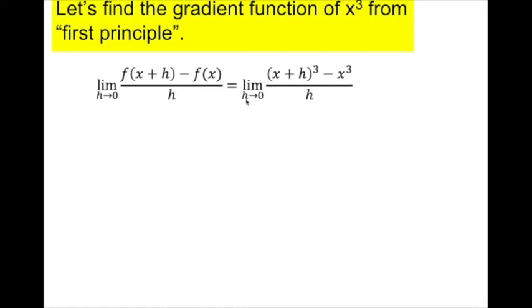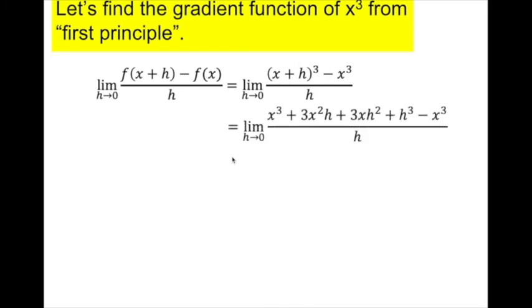And again, since h approaches 0, we need to replace h with 0, but don't do it yet, because if you do it, you will get an undefined answer. So we have to eliminate this h at the denominator. So expand this expression first, and subtract it by x cubed.